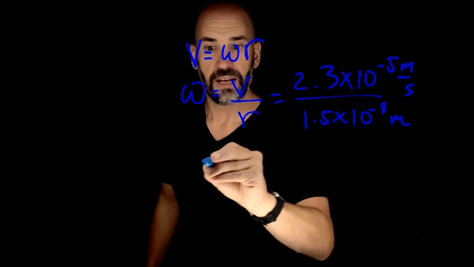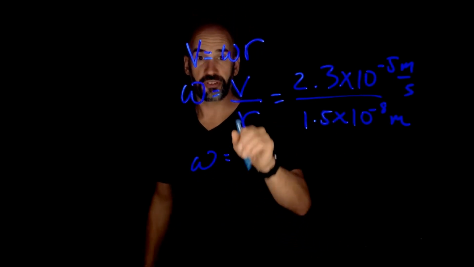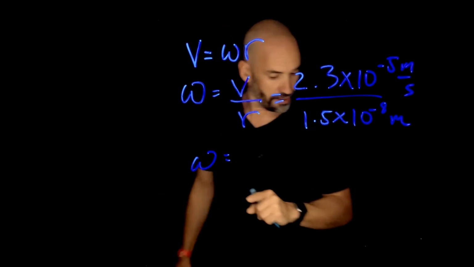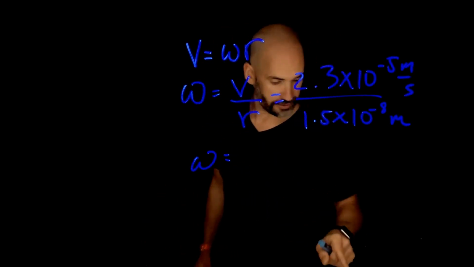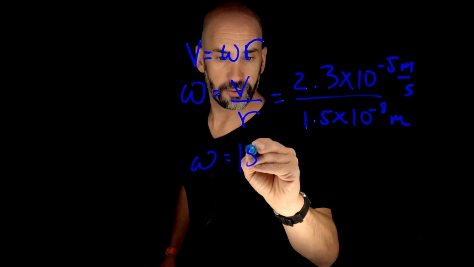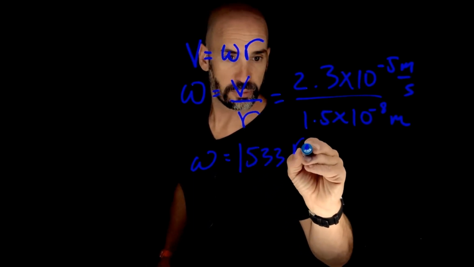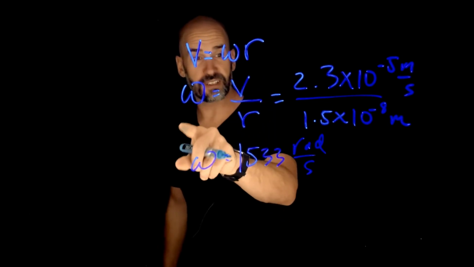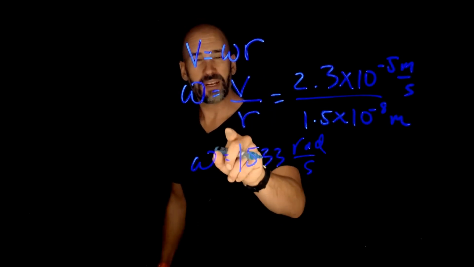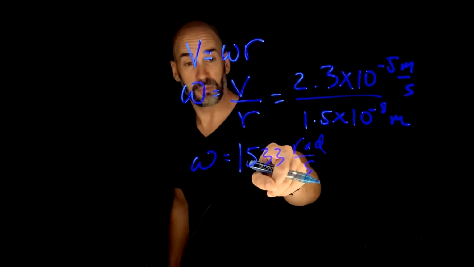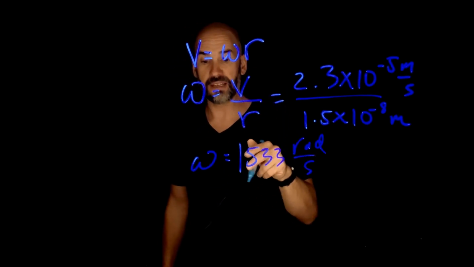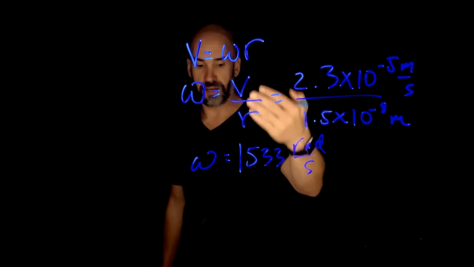So the angular speed, in other words the number of radians per second that flagella is spinning at, must be, I am getting over here, 1,533 radians per second. That's fast. So not only can biology use physics for its own benefit, but it does so in really remarkable ways. That's a lot of radians every second that these things are spinning in order to propel this bacteria.